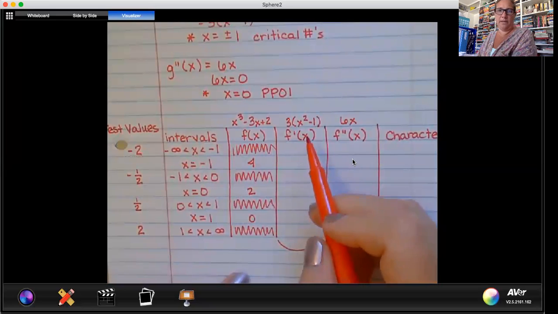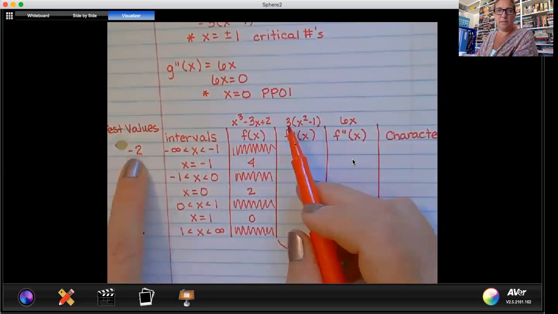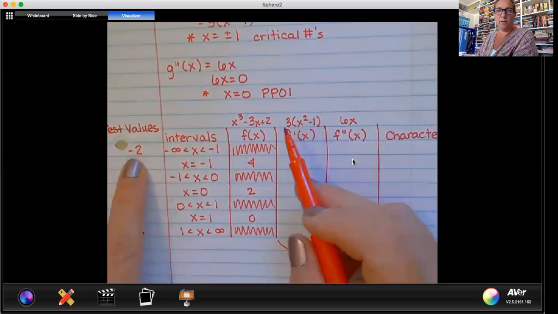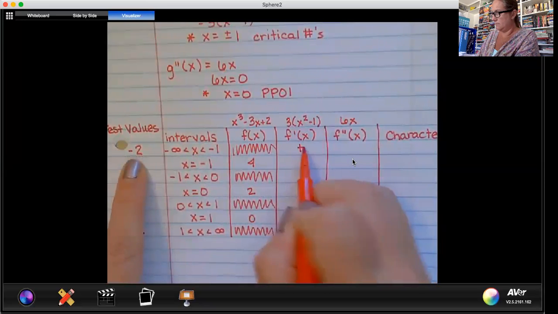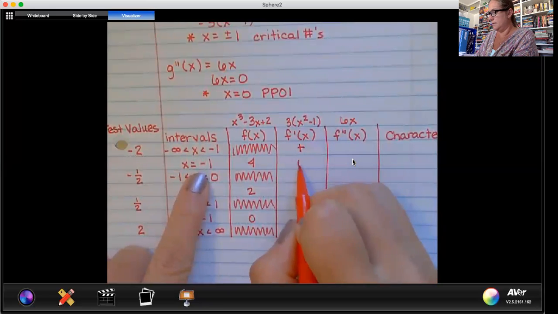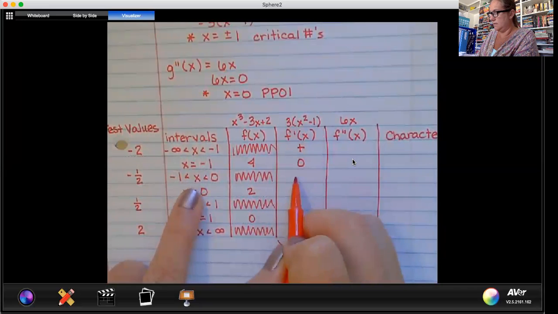All right, f prime. Plug in your test value, -2, and I just need positive or negative. So 3 times -2 squared, 4 minus 1, positive, positive times positive is positive. Plug in -1, -1 squared gives me 0. Plug in -1/2, that's positive times negative.